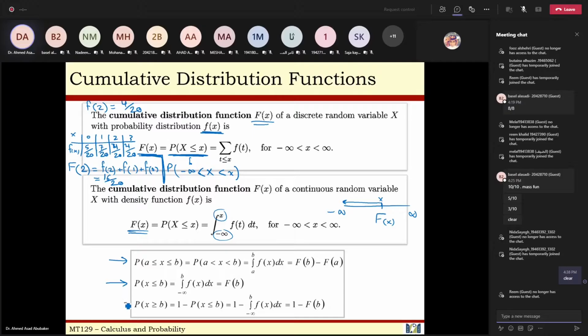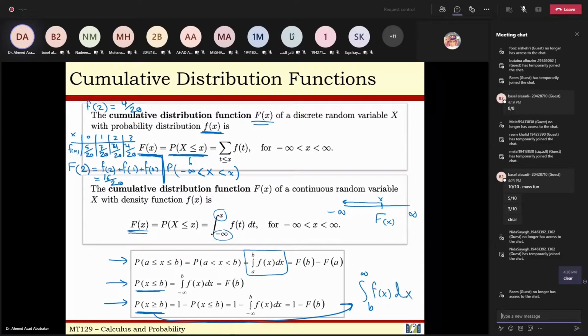If we need to use F capital, the probability for density function from a to b is the integral from a to b, and we can find it by cumulative F(b) minus F(a). Also, the integral from negative infinity to b means F(b). If we need to find the probability greater than b, we can find it directly from b to infinity for f of x dx.